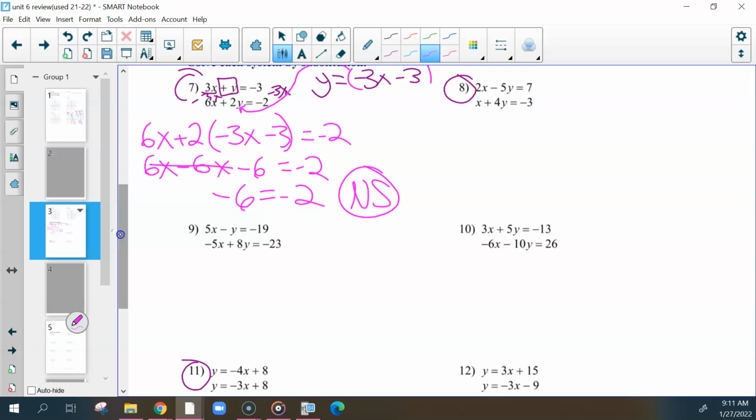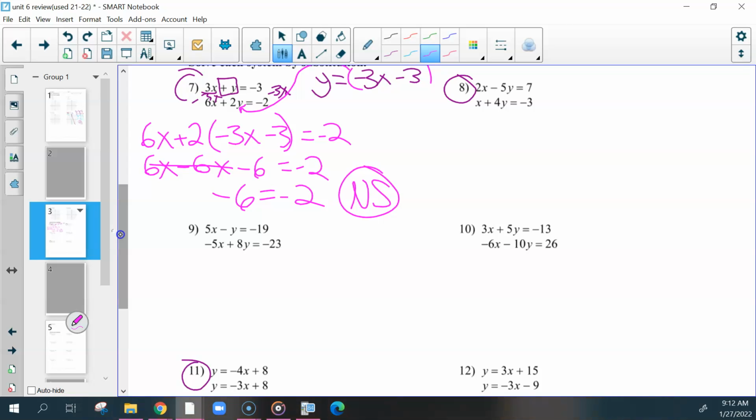Other questions on 7 before we do 8? For number 8, do we have an equation that solves for x or y?